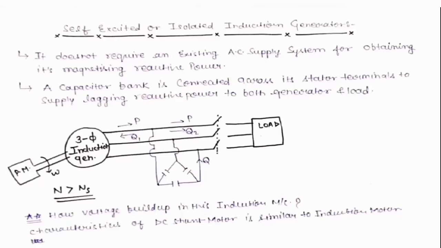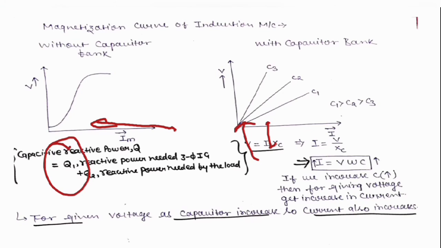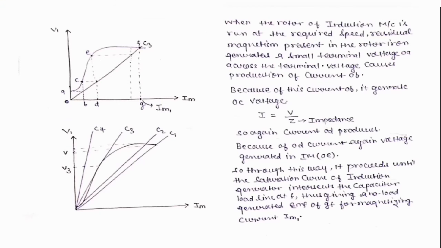In this formula you see, if we increase the capacitance the current increases. So current increases, that means voltage also increases. Okay, so the same thing, if you decrease the capacitance the voltage also decreases here. Okay, required voltage, remember this.